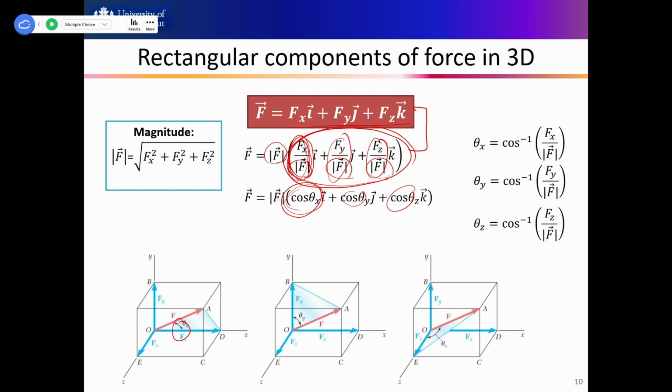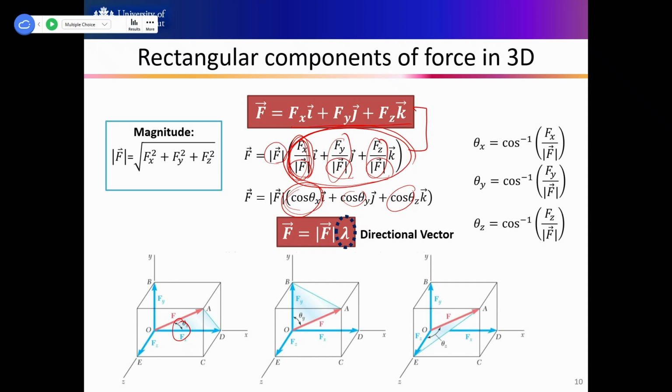The bottom line of this slide is this: the force vector is expressed as the magnitude multiplied by the directional vector, a unit vector related to theta x, y, and z.